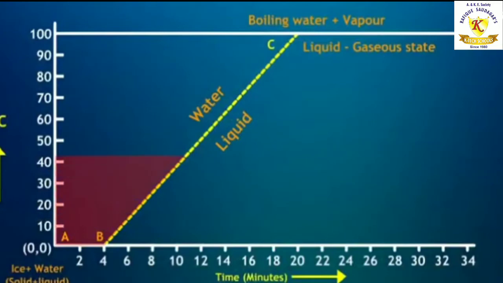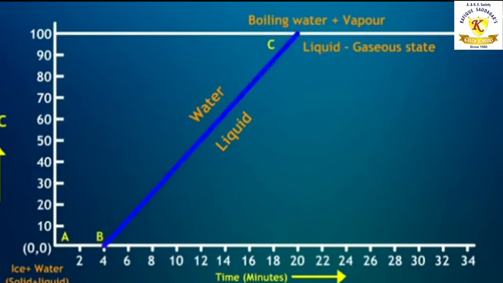Once all the ice is transformed into water, the temperature of water starts rising. It increases up to 100 degrees Celsius. Line BC in the graph represents rise in temperature of water from 0 degrees Celsius to 100 degrees Celsius.